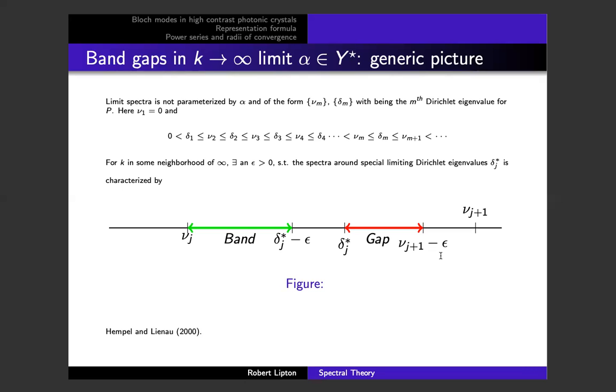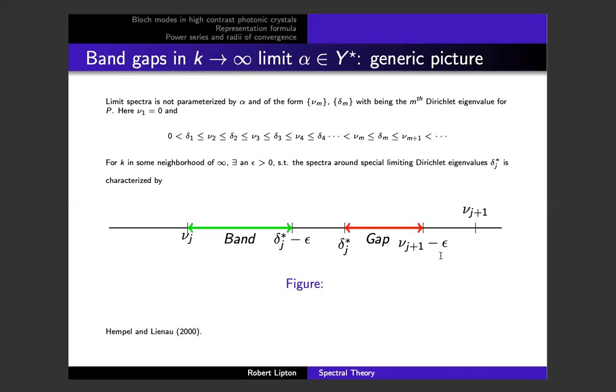Not all the nus are Dirichlet eigenvalues. The key point of Hempel and Lienau is that in a neighborhood of infinity, so k isn't equal to infinity, there exists an epsilon such that the spectra around these limiting Dirichlet eigenvalues, these special Dirichlet eigenvalues, which I'll talk about in a minute, is characterized in the following way.